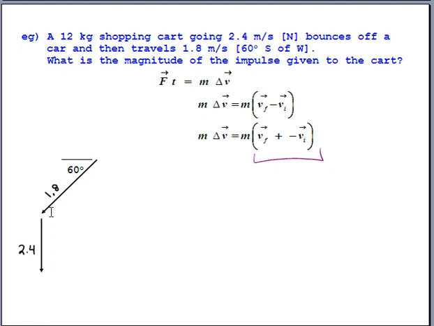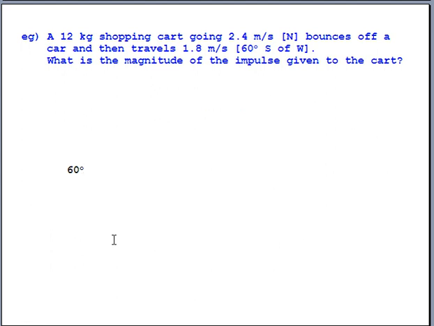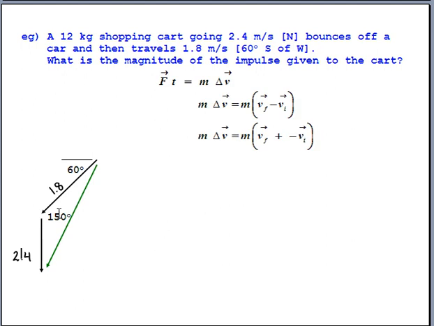Looks like I could probably do the cosine law here, maybe little Z-shaped angles will get me going. I've got a 60 degrees and then 90 more. That's 150 degrees. So there's a little bit of geometry in there. Like 60 here and then 90. So 150 degrees. And now we can deploy the cosine law and find out how big that delta V is.